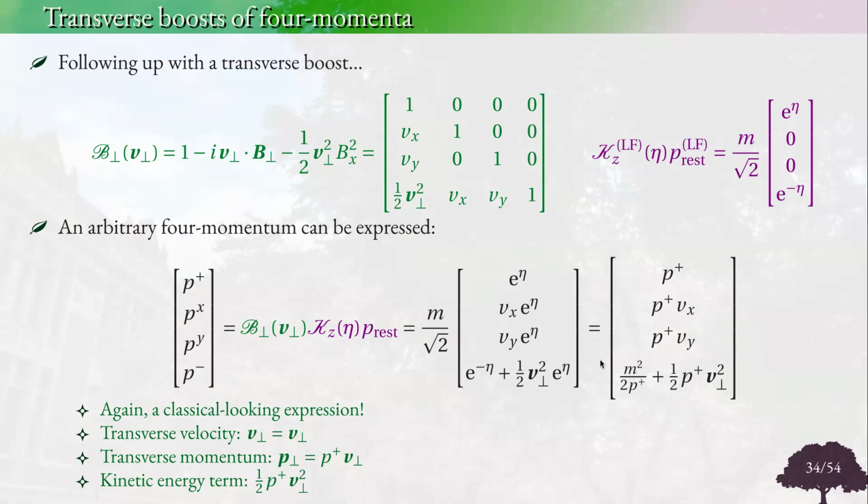You have a term for which you have energy even when you have zero transverse velocity, of course. So we recover all the classical looking expressions by boosting a particle from rest using just these nice light front boosts. Basically, the reason these non-relativistic looking formulas show up is because we're able to boost a particle from rest using these light front boosts.